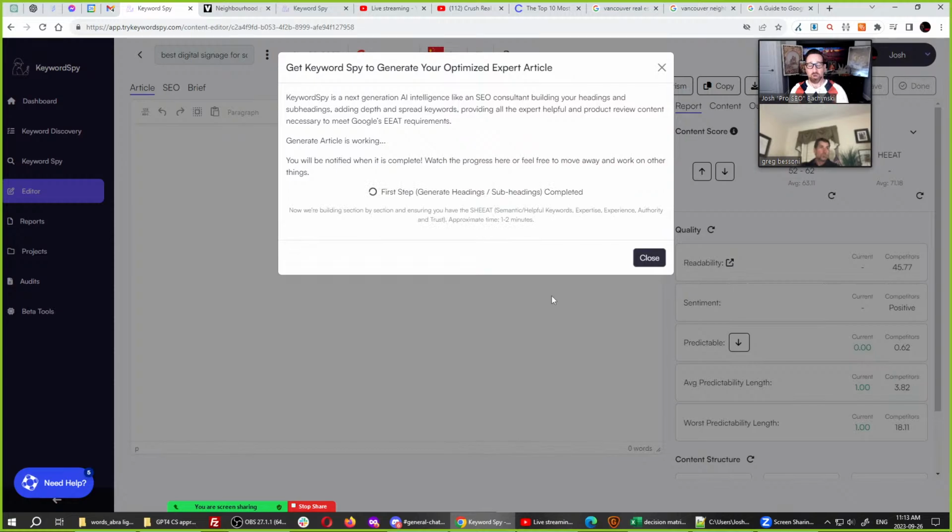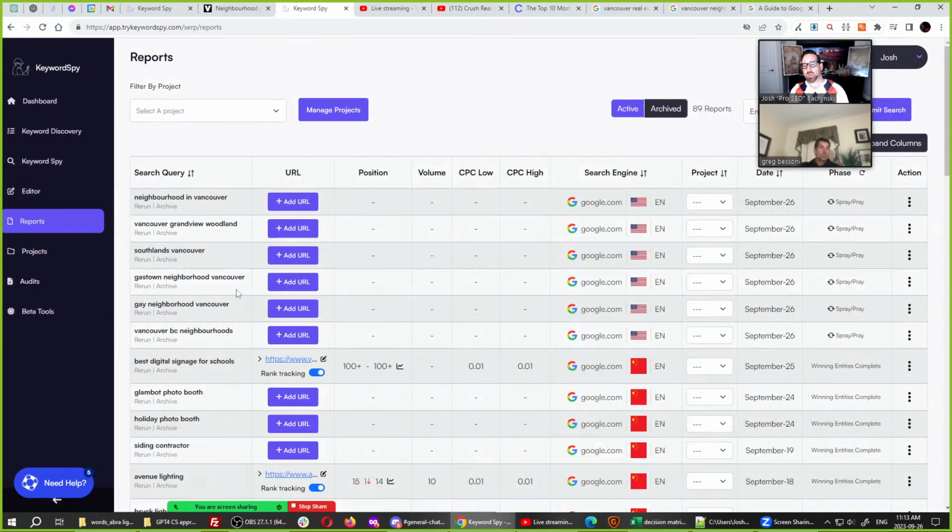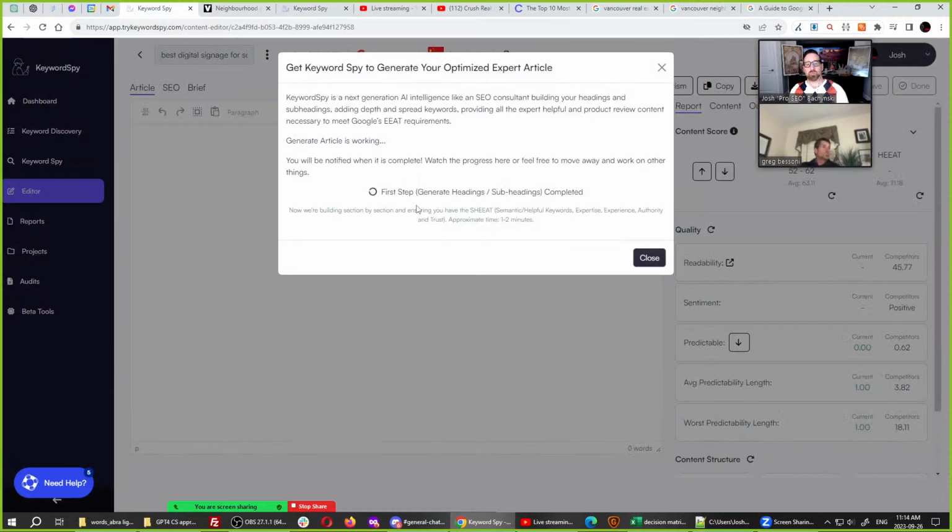So doing the report, building it out, all the reports I had running here, all these reports that are running get built out, and then you would build them automatically. Right now they're using the spray and pray setting to save credits, but in the future you'll be able to build them out with higher settings to have better keyword research and more AI intelligence in the back end. And then you would build them out, and it would generate the articles for you.